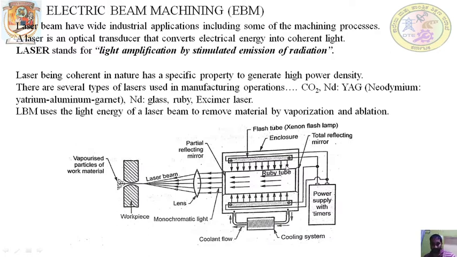You can see this flash tube is turned on when the power is supplied. The xenon flash lamp produces a high density of monochromatic light, which passes and is focused towards the ruby crystal from both sides, which energizes the ruby crystal.